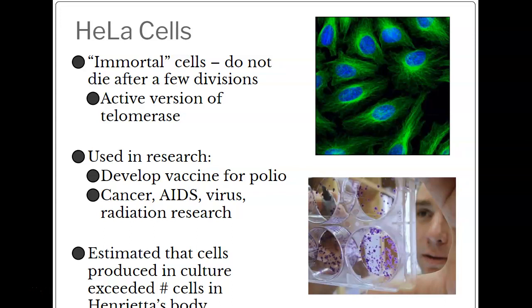And they have an active version of an enzyme called telomerase that helps cells live longer. And we'll learn about that in Unit 6 when we talk about DNA replication. But as I mentioned, they're pretty much the major cell line that people use to study cancer treatments. And they try to essentially kill them as a way to find cancer treatments.